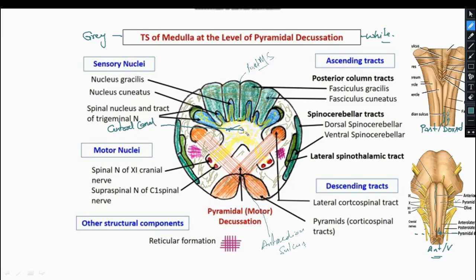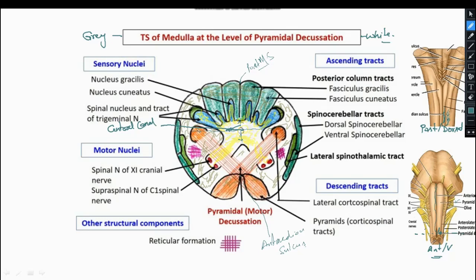Now, when we describe these different structures, we will describe them in relation to this central canal. Whatever structure is present anterior to this central canal, in this direction, will be mentioned as anterior, and those structures present just posterior to this central canal will be considered posterior structures.